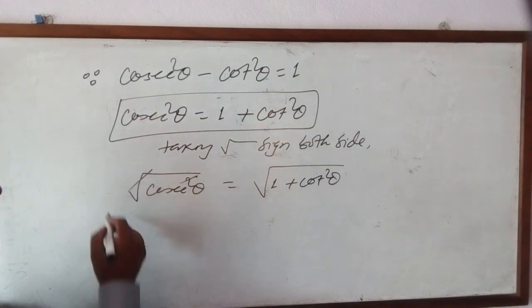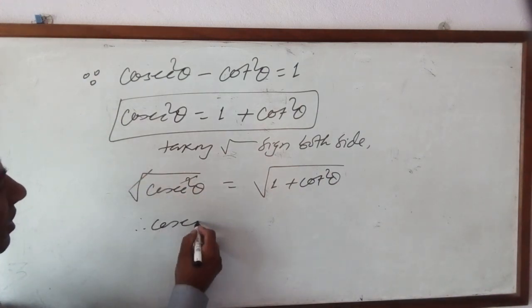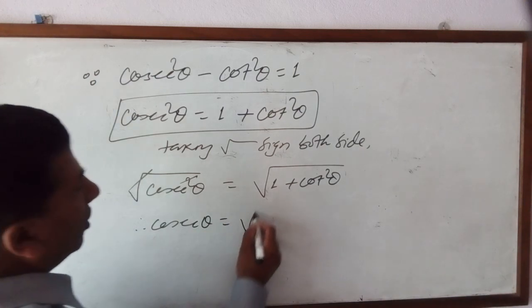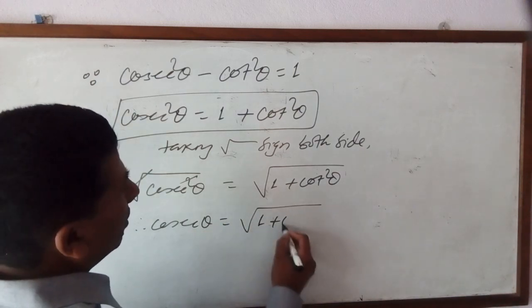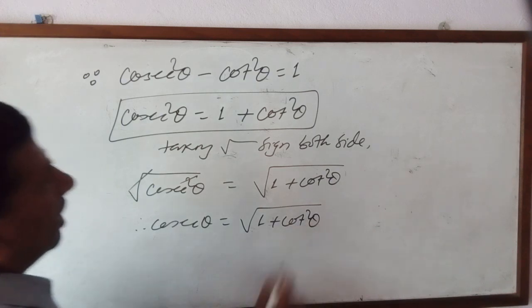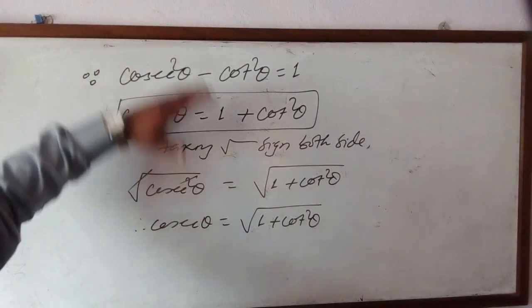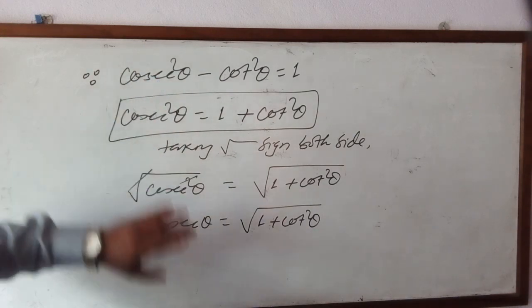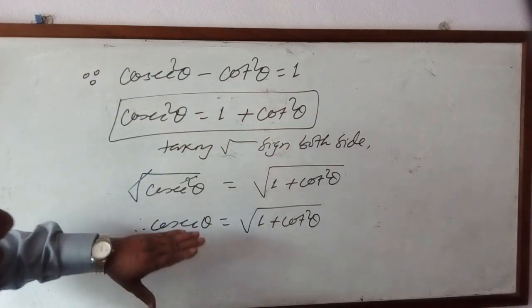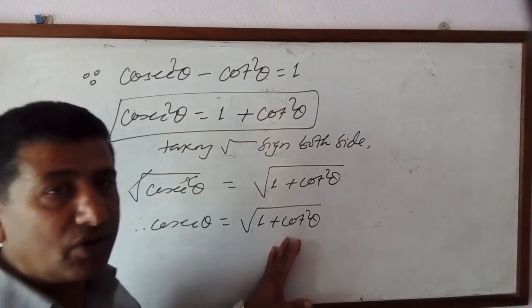Now this square cancels this, therefore cosec theta equals root under 1 plus cot square theta. From this main formula we derived cosec square theta equals 1 plus cot square theta, and cosec theta equals root under 1 plus cot square theta.